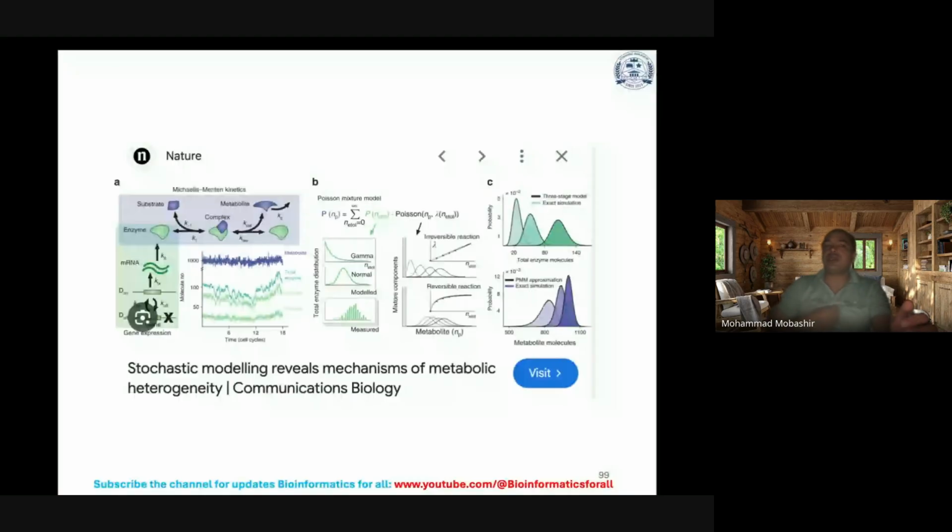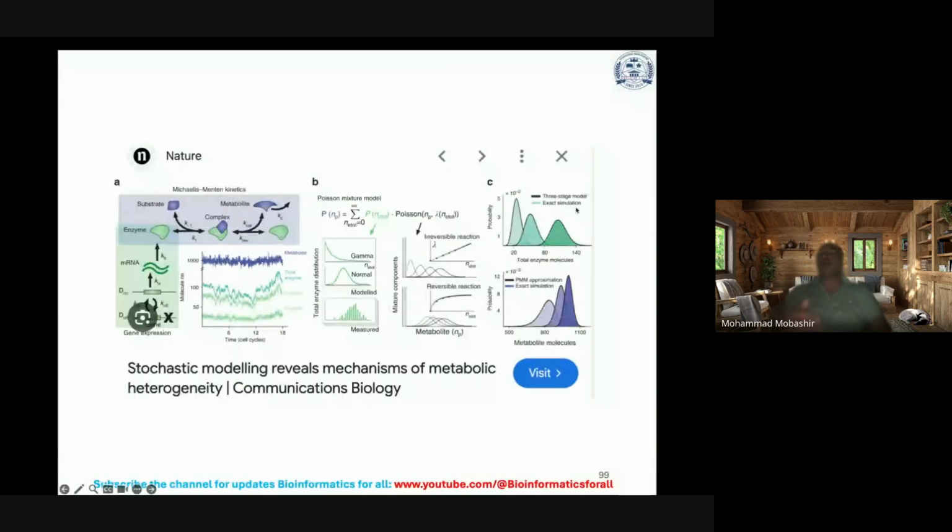So, this stochastic modeling has been applied here to understand the diversity of metabolic processes at different levels. And these figures show the details from the beginning, designing the model, that is Michaelis-Menten kinetics, and some plots, then with different mathematical equations, different types of plots, and finally the analysis part.